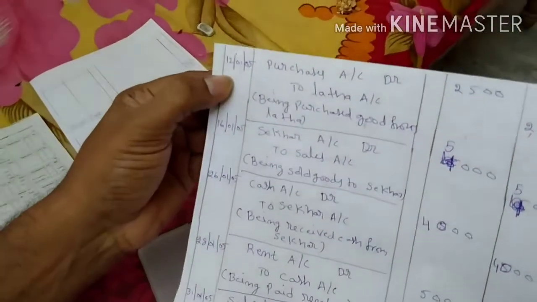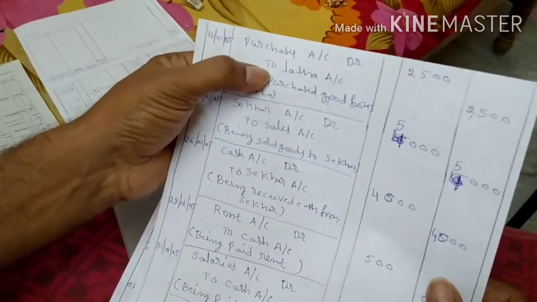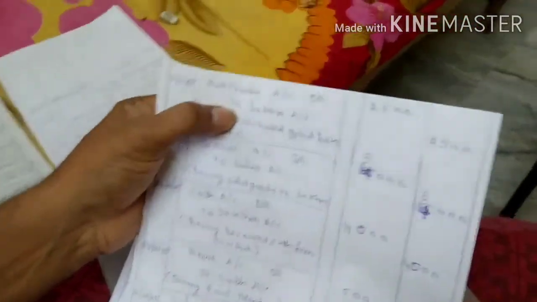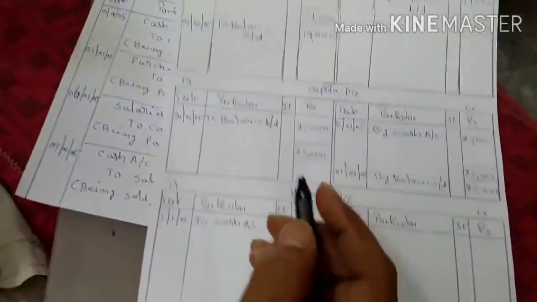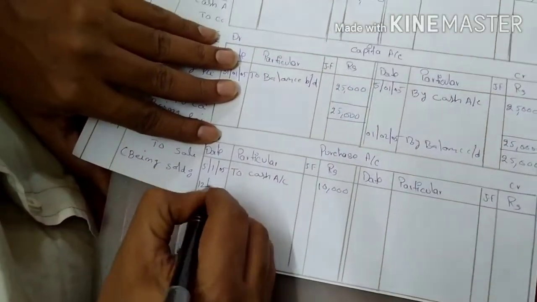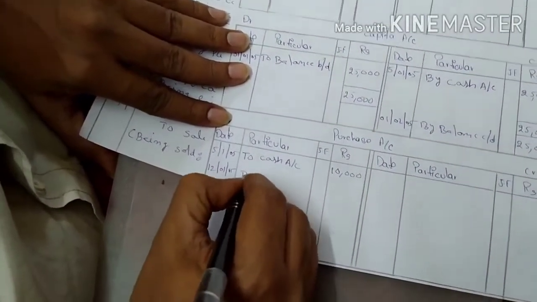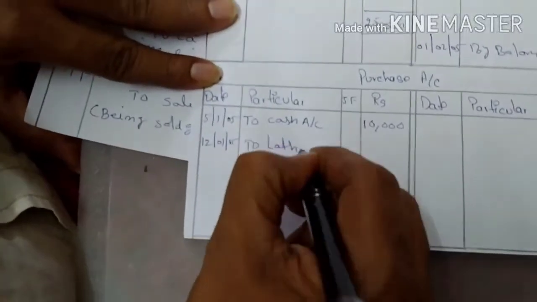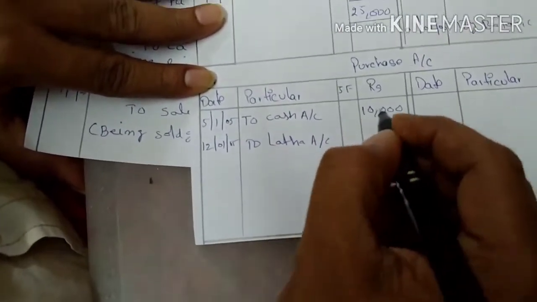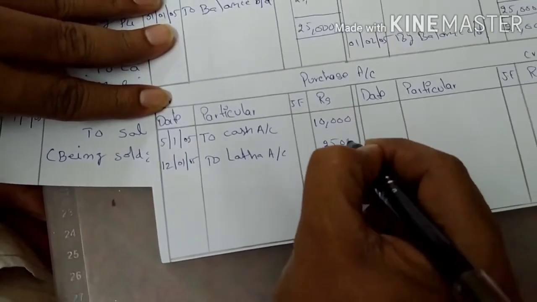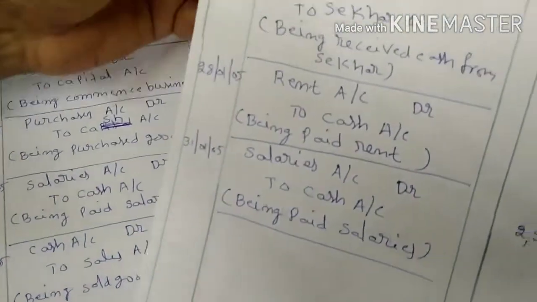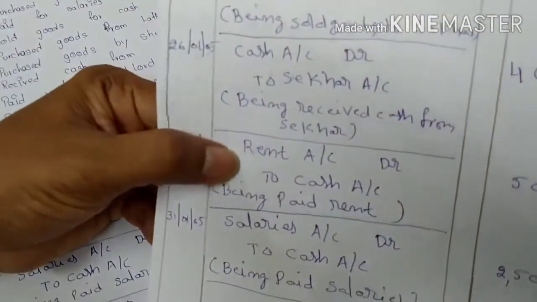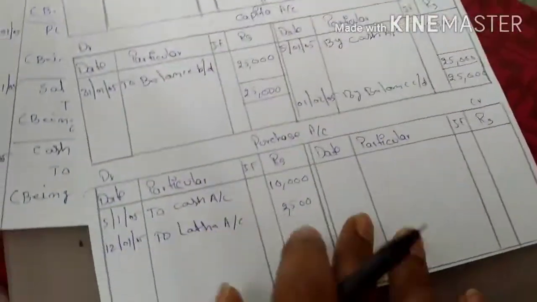Next here you can come to this side, purchases is there on 12/1, purchases account to Lata account. So here 12/1/2005 to Lata account, total 2,500 rupees. Then look here, no purchases, no purchases, no purchases.